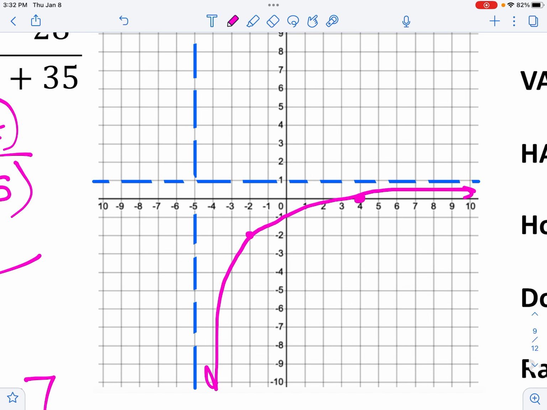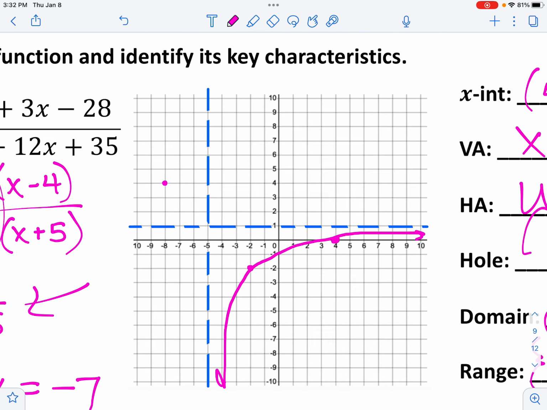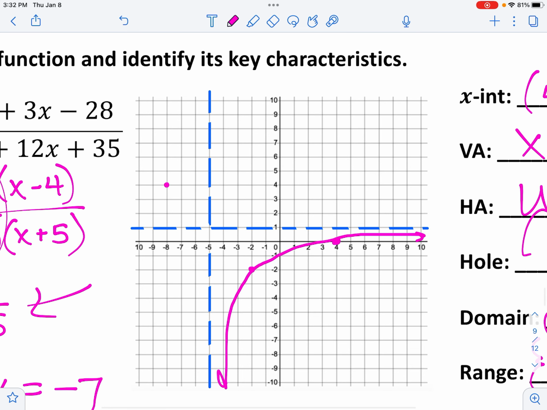And then you'll notice there's like 3 units this way. Well, it's going to be symmetrical that way, so I'm going to put another dot here. Another one up here. Okay, and then draw my branch. Okay, now I do have a hole at -7, 5.5.